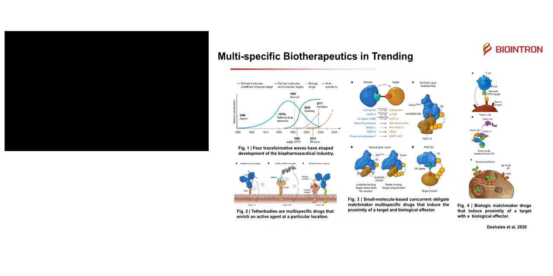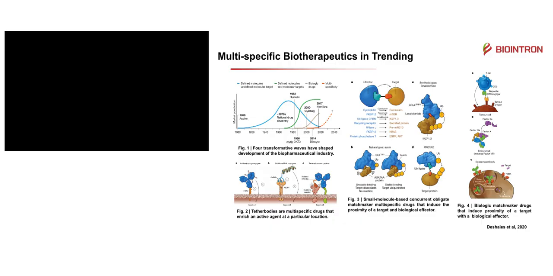Besides bispecifics, specifically, we are talking about antibody cytokine fusion proteins, ADCs, and right now even antibody oligonucleotide conjugates. So we are talking about a broader class of biologics compared to 20 years ago, when we were just working on monoclonal antibodies.